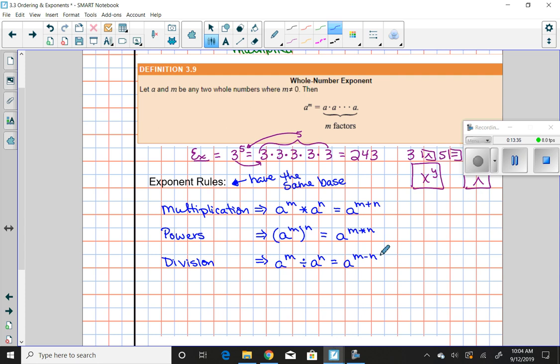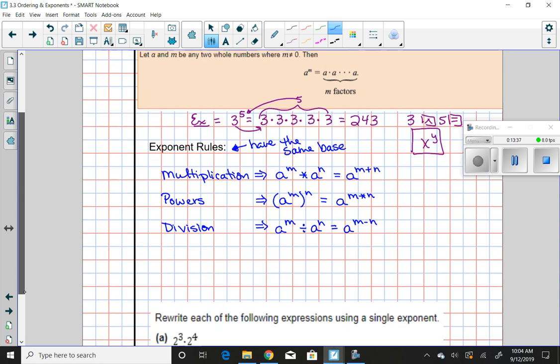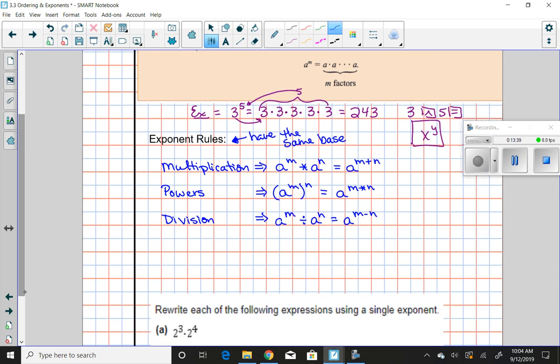Now remember, these rules all have the same base, except for one that I need to make sure you guys catch. This one, they don't have to have the same base. And it is a multiplication problem. The rule is this. We have a to the m power times b to the m power.